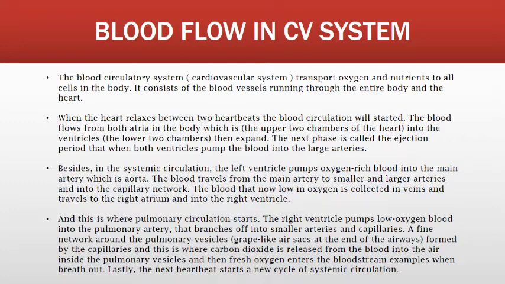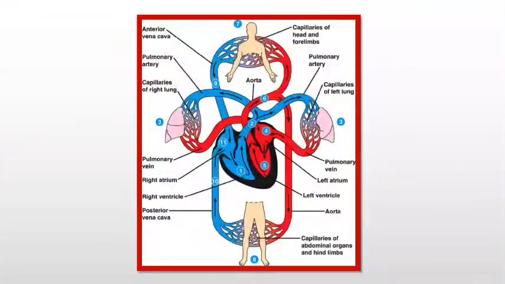A fine network around the pulmonary alveoli, wrapped like air sacs at the end of the airways, is formed by the capillaries, and this is where carbon dioxide is released from the blood into the air inside the pulmonary alveoli, and then fresh oxygen enters the bloodstream when we breathe in. Lastly, the next heartbeat starts a new cycle of systemic circulation. And this is the diagram of blood flow.